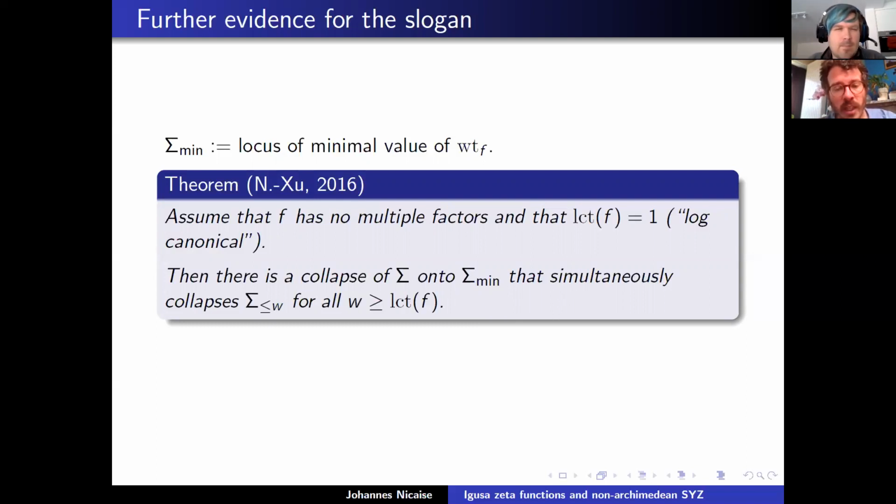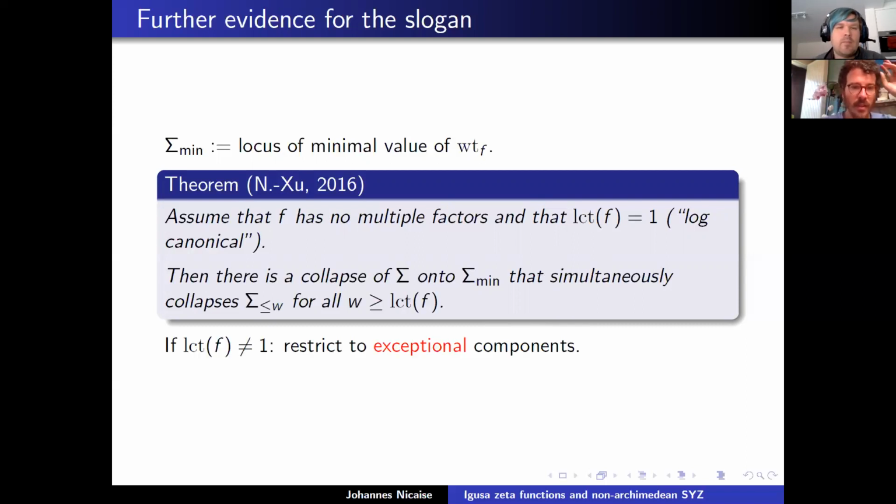But yeah, in the paper we produce counterexamples to this statement in a non-log canonical case. Oh yeah, sorry. I actually wrote it down. So if the log canonical threshold is not 1, then if it's strictly smaller, we need to restrict to exceptional components. Sorry, can I ask something else?